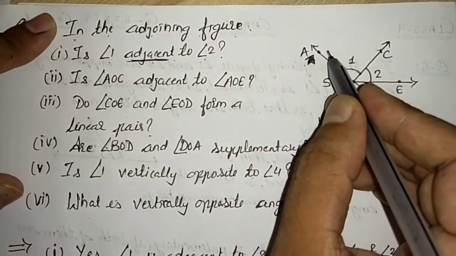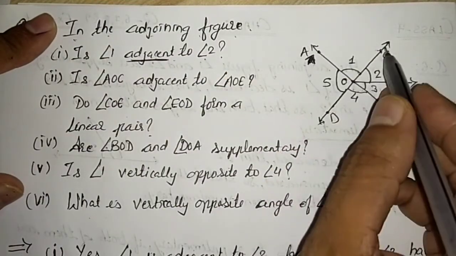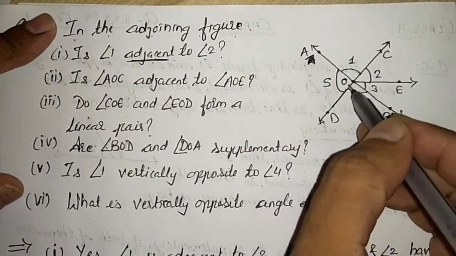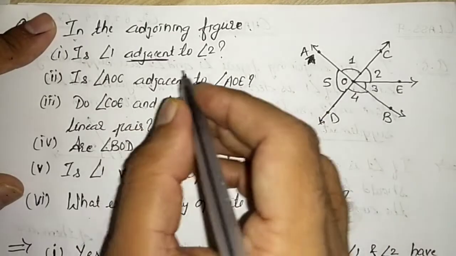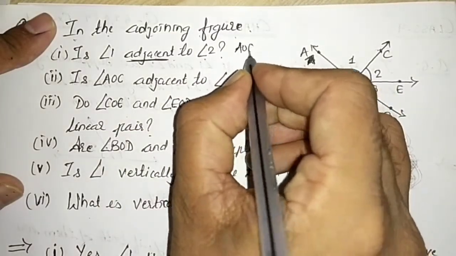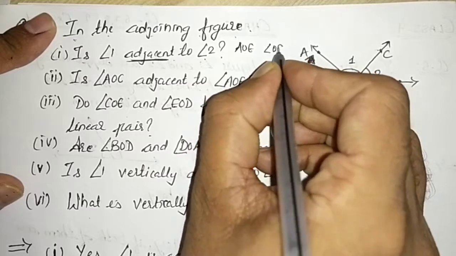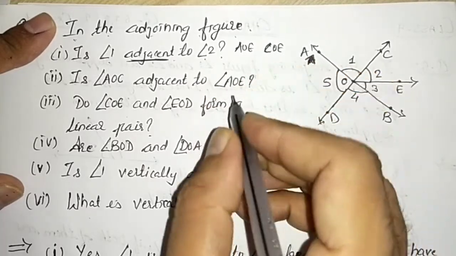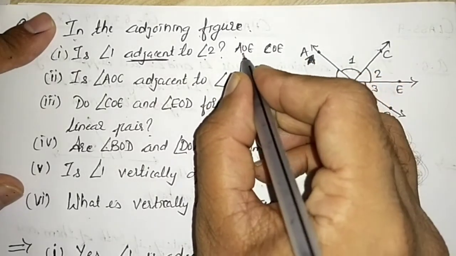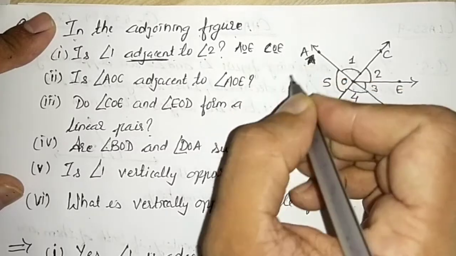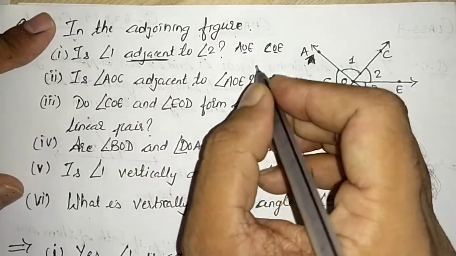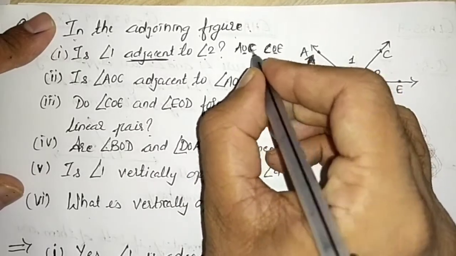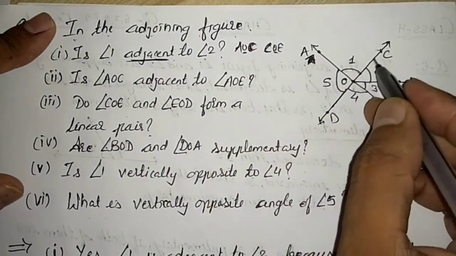Angle 1 is AOC, and angle 2 is COE. Do they have a common vertex? Yes, they have a common vertex O. Do they have a common arm?